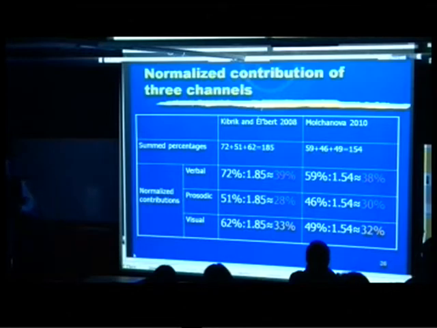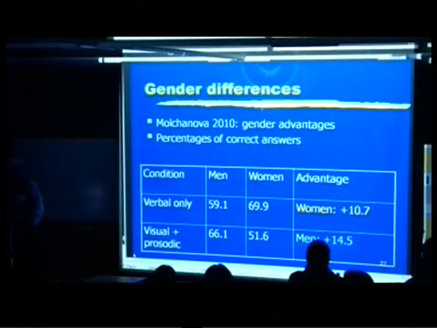There is also a facet of Molchanova's work that I would like to briefly mention. She studied the differences between the male and female participants of the experiments, and she found that women had a substantial advantage in the verbal-only situation.